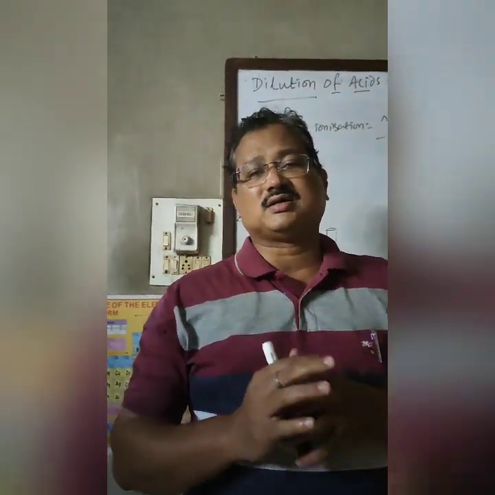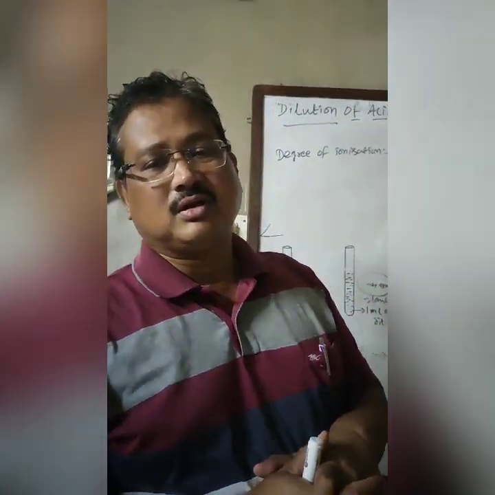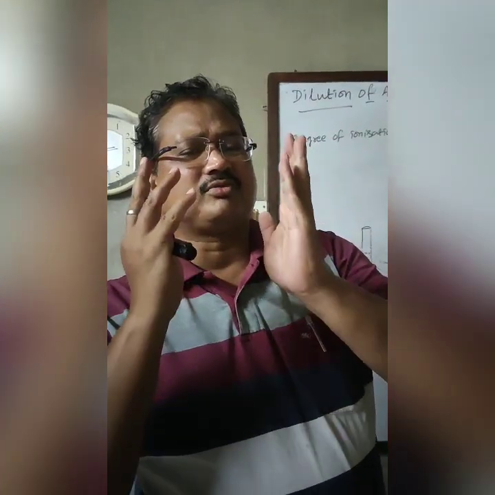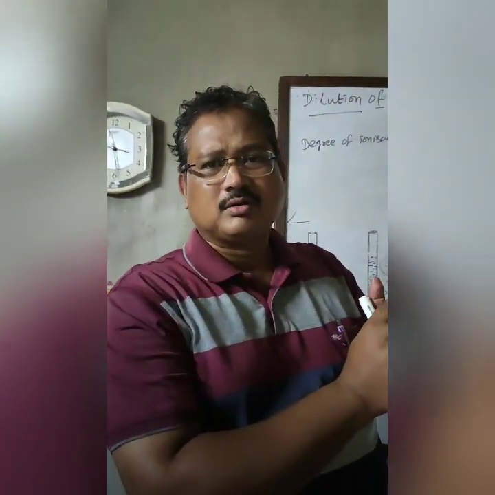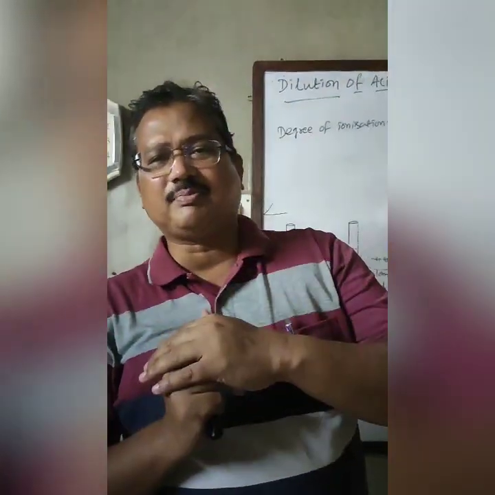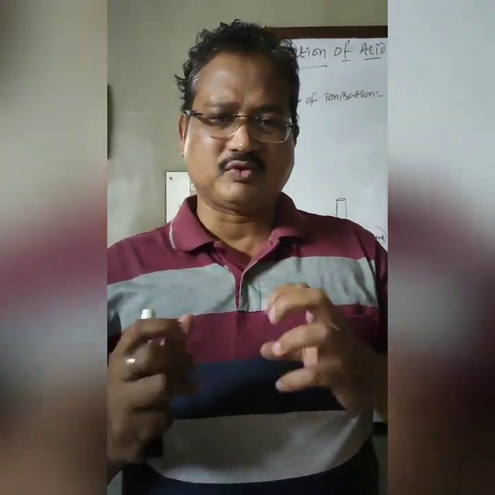So you should not get confused between strength and concentration. Strength of the acid depends upon the degree of ionization, but concentration or dilution depends upon the amount of acid and water content. Okay? Thank you.